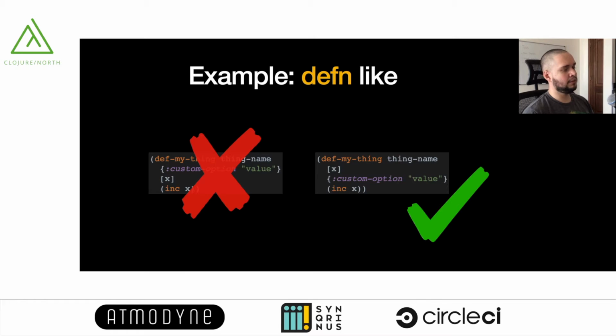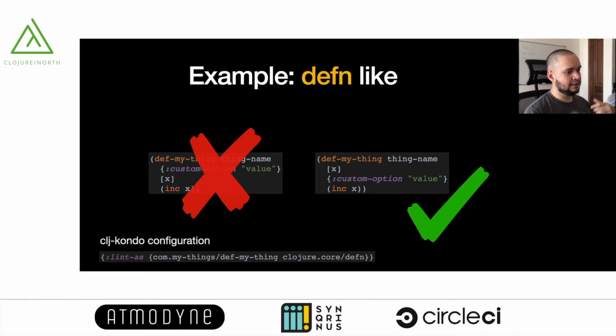After the symbol, it must be the arguments list. While the other one, by just putting the map after the arguments list, made that map part of the body, and the body can be anything on defn. This means that validators and linters, you can configure linters to tell that your macro looks like a defn, and they will understand it. While if you do the left side, it's very hard to get it working properly.